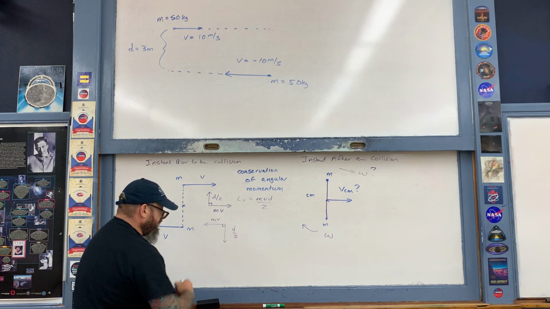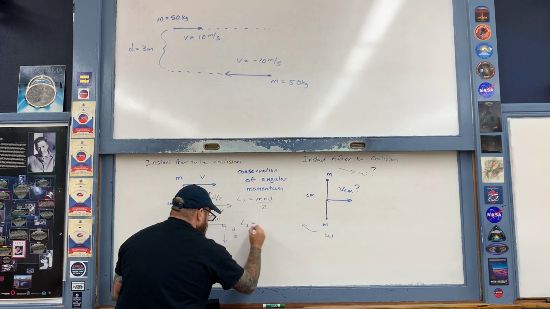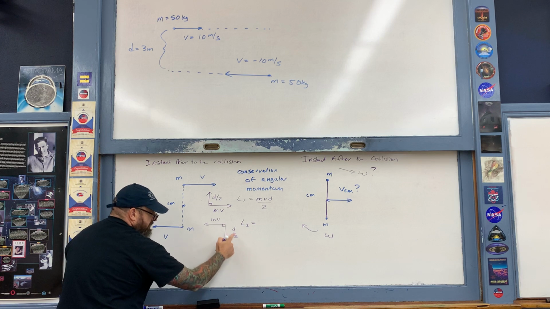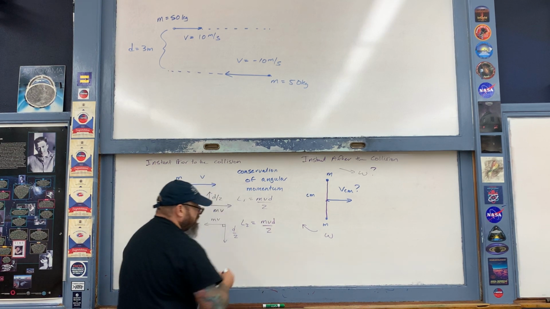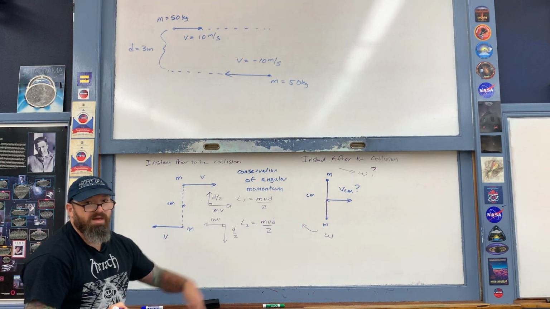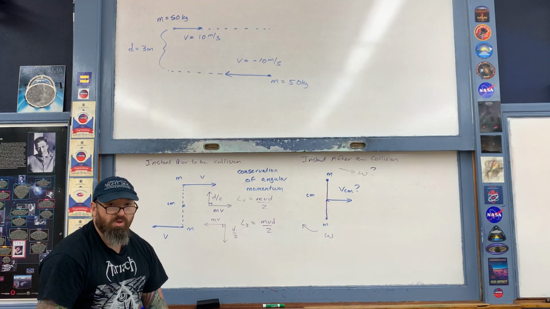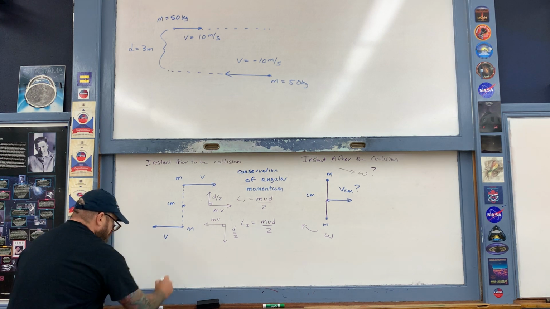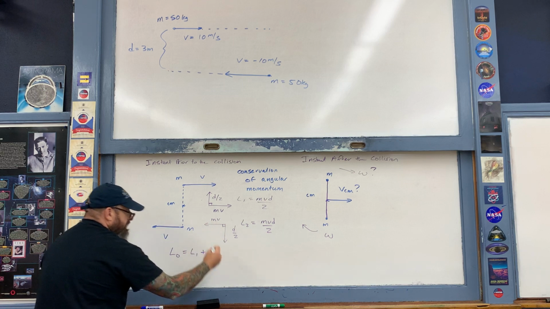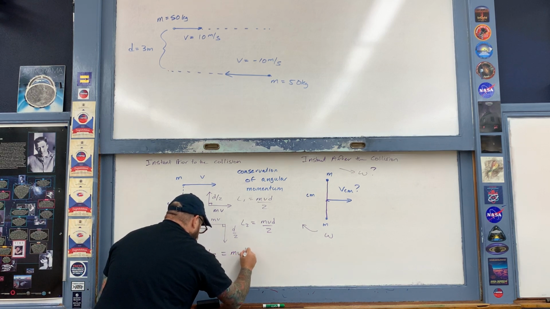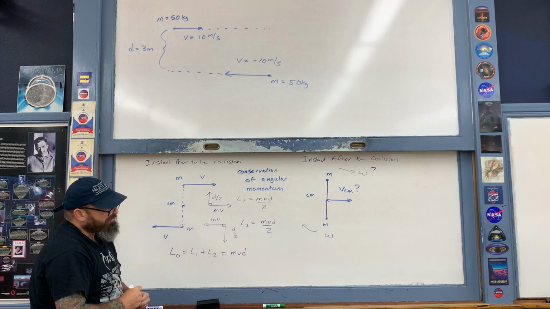That's a positive value. So this L2 here is going to be r times p, so it's going to be mv d over 2. Once again, we consider it to be positive. Add the two together to get the total initial angular momentum of the system prior to the collision. We'll call that L0. So that's L1 plus L2. Add the two together, and you just end up with mvd.